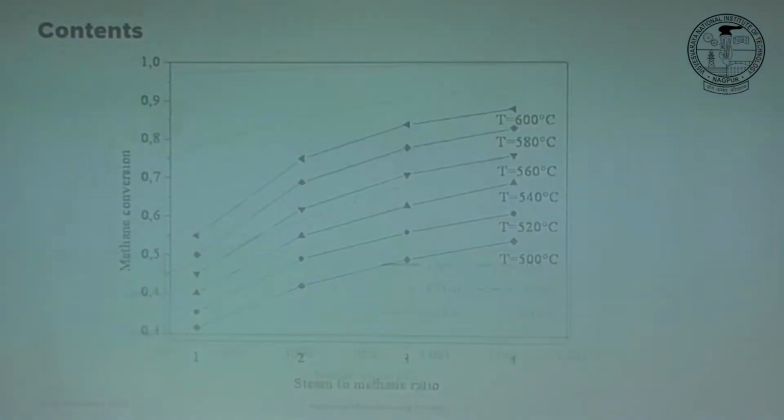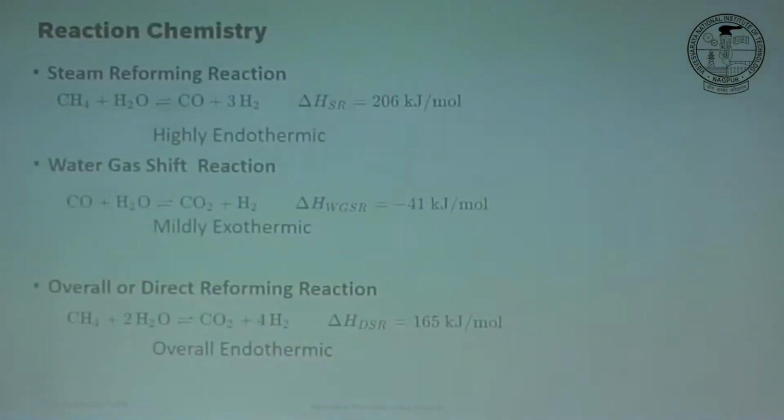I do not have a plot here for CO product, but looking at these reactions, you could see the higher the temperature, the higher will be your conversion. But conversion means more hydrogen, but also some byproduct, carbon monoxide. Right? This reaction has opposite characteristics.